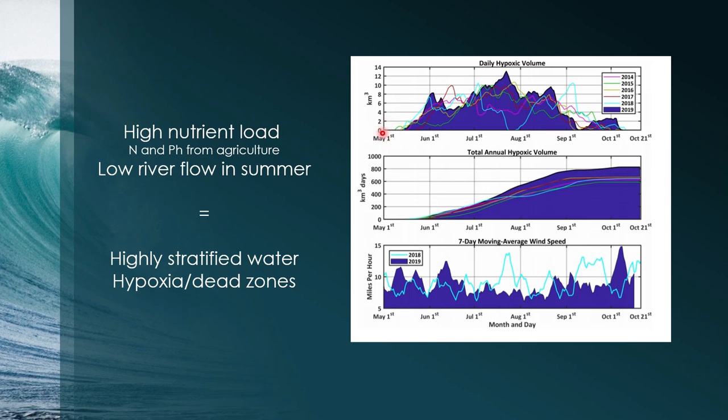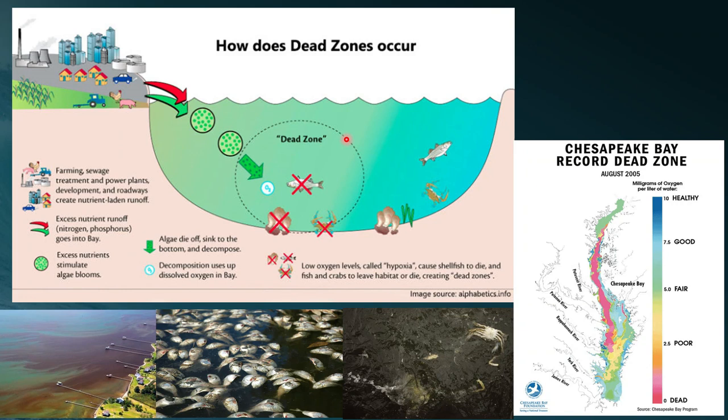In May it's very, very low. In October it's very, very low. But in summer, we have a lot of hypoxia occurring, so a lot of parts of the bay are hypoxic. Let's move on and see what hypoxia and dead zones look like in the Chesapeake Bay.